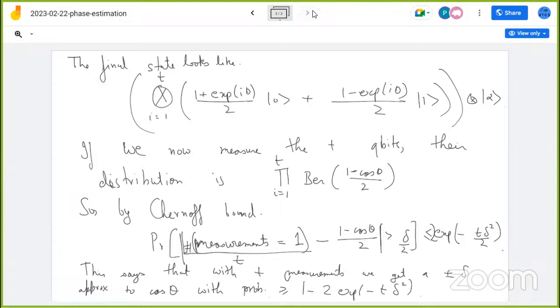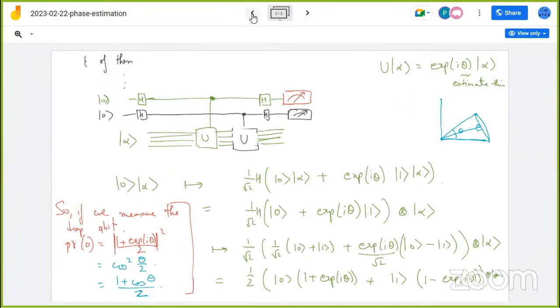Is there a similar circuit? Let's look at that circuit again. Here there is e to the i theta. We can estimate theta plus pi by 2. What is e to the i pi by 2? It is i. If I could multiply by an i here also, I would be fine.